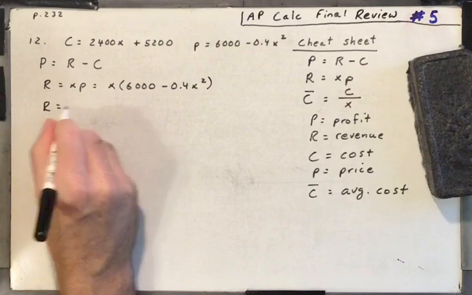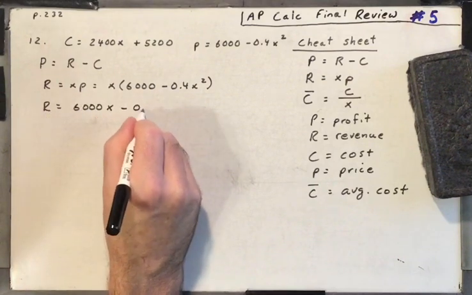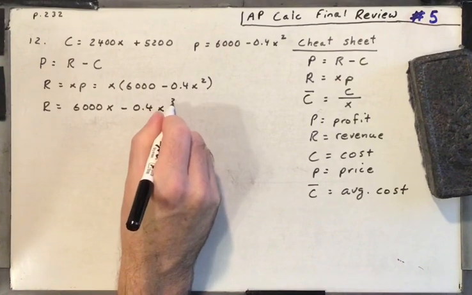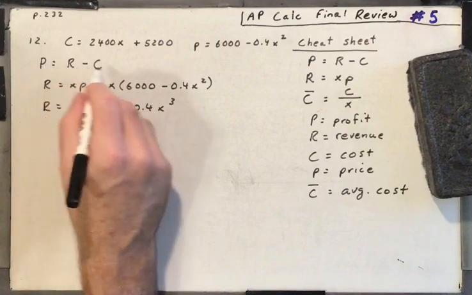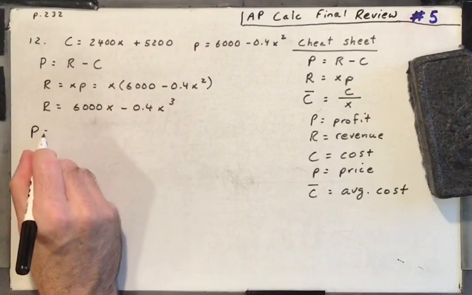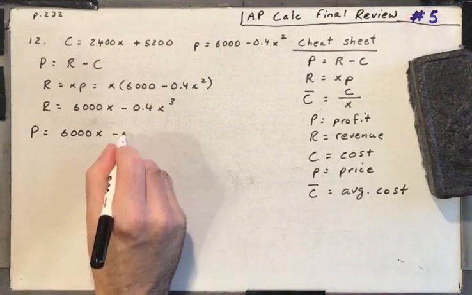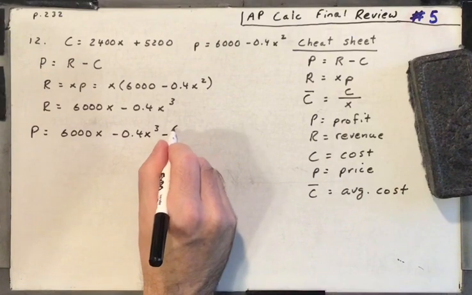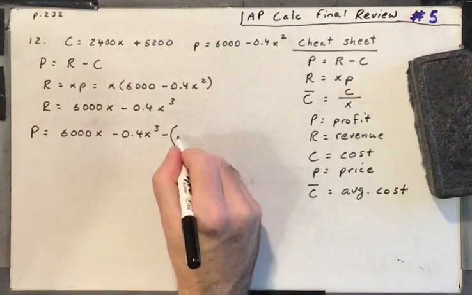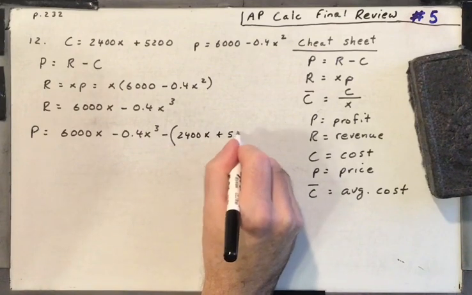So revenue is equal to 6,000x minus 0.4x cubed. Now if profit is revenue minus cost, we can write that out: revenue 6,000x minus 0.4x cubed, minus the cost 2,400x plus 5,200.